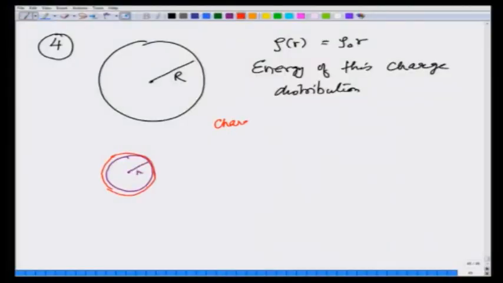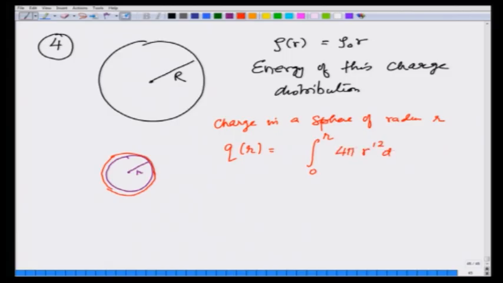So, if I calculate the charge in a sphere of radius r, let us call it q(r), it is going to be equal to an integration. Since this is spherically symmetric, I can write the volume element as 4 pi r prime squared dr prime, and the charge density is rho 0 r prime.